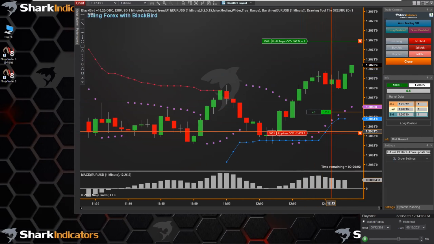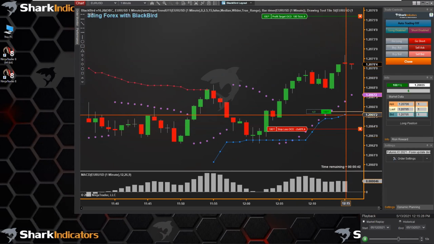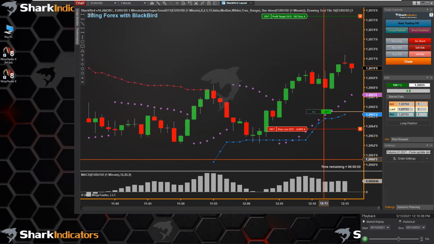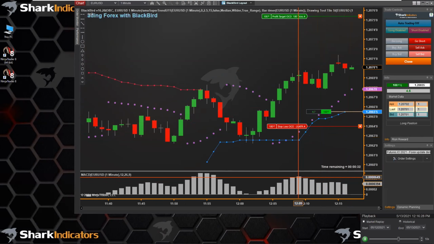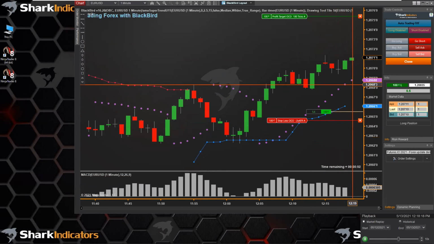So from this point here, we can just watch again, the stop loss is following the super trend with that offset distance. And eventually that MACD momentum is going to cross that zero line, and our stop loss is going to jump over to the parabolic SAR.